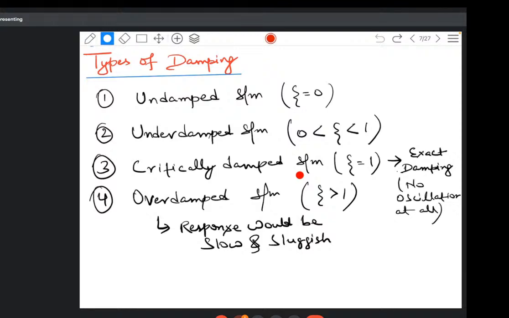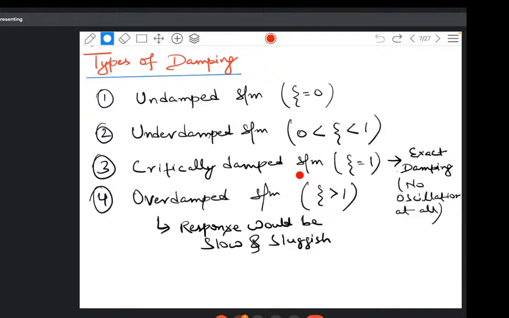Suppose, when due to sudden disturbance, say due to high pressure of air or high pressure of wind, your door starts swinging or window starts swinging.